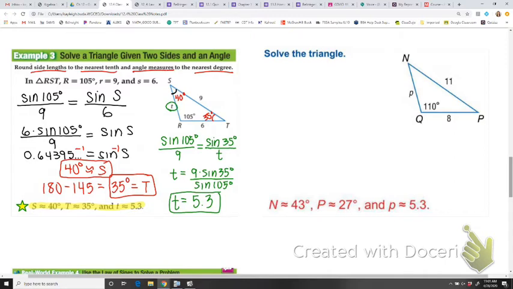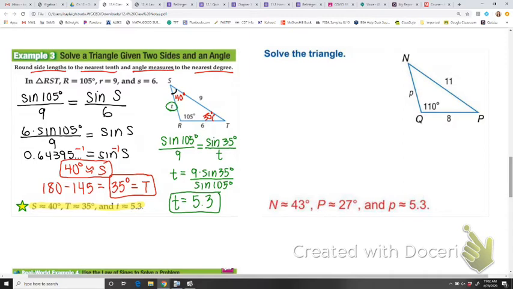So let's look at a ratio. The one angle that we knew was 105, and its opposite side is 9. So start that as a ratio. Sine of 105 degrees over 9 equals, now if I want to find side S, or angle S, I'm sorry, but I know its opposite side is 6, then you can write sine of S over 6.